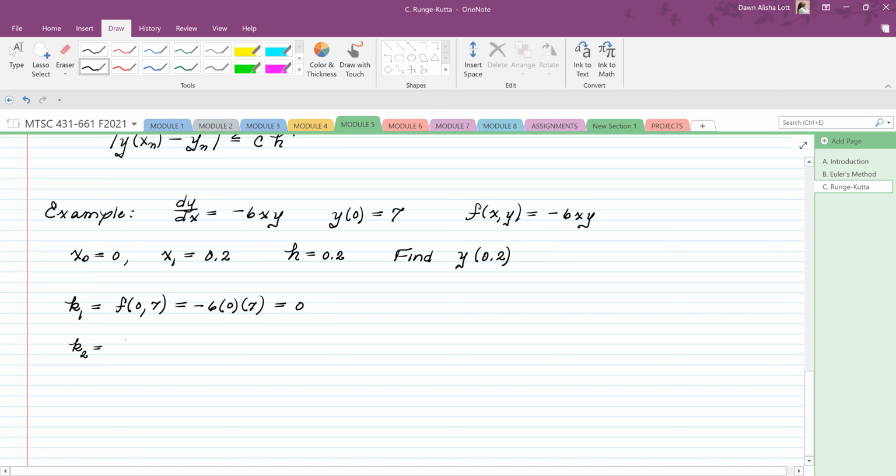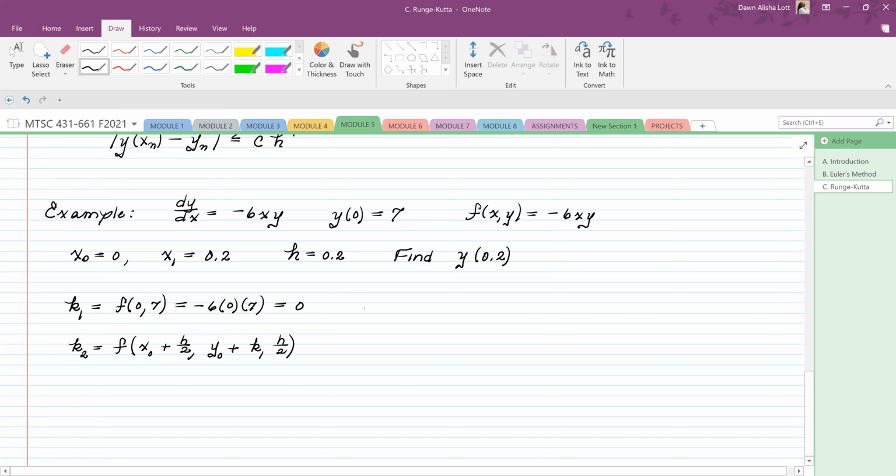K2 is f of xn plus h over 2, and then we have yn, so this will be x naught plus h over 2, and y naught plus k1 times h over 2.